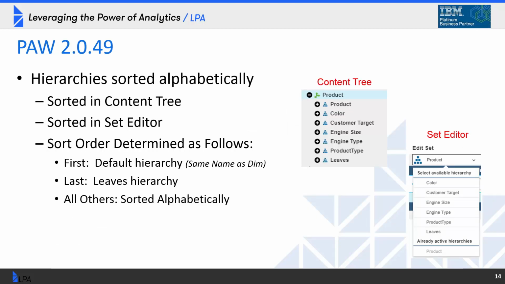Another big change, and I think this is one that users were kind of clamoring about: hierarchies are now sorted alphabetically automatically within your content tree.